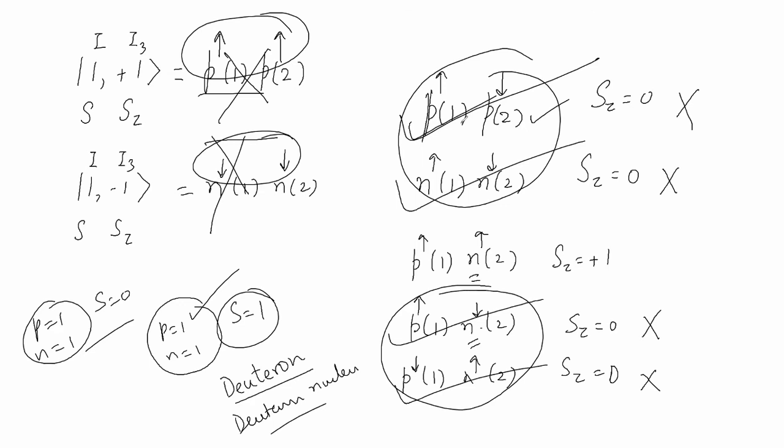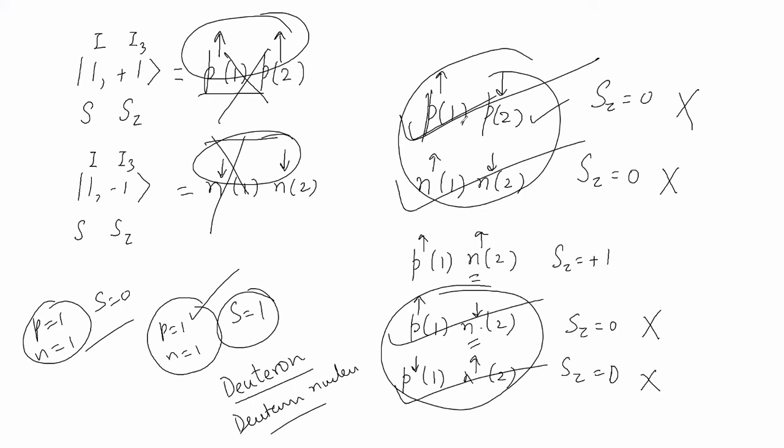But there is another option, that one has a spin up and another has a spin down. But that still does not exist in nature. And then a proton neutron bound state in a spin 1 state exists, while a spin 0 state does not exist.